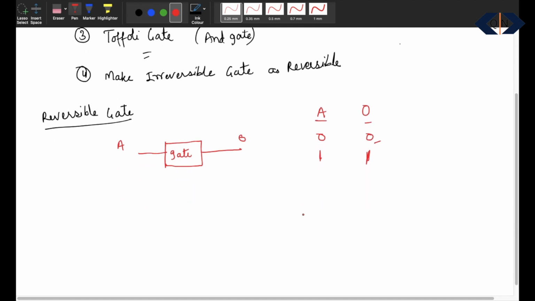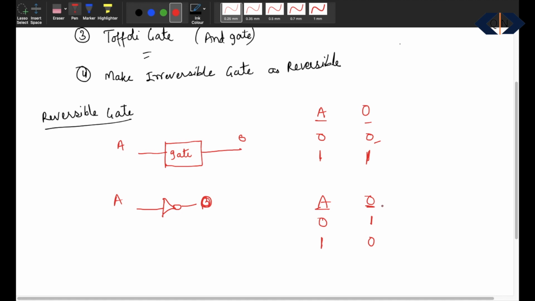Another such gate is the NOT gate. So this is A, this is output, and let's look. Here, if A is 0, then our output is 1, and if A is 1, then our output is 0.